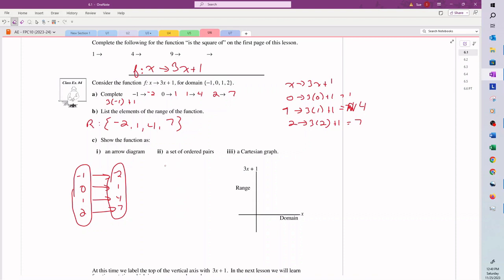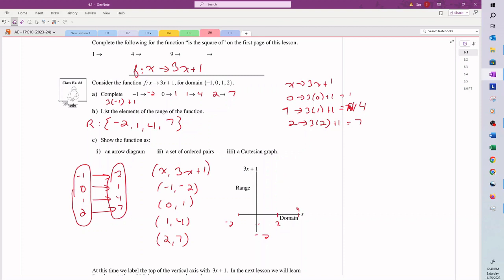If I do it as a set of ordered pairs, my input value is x, my output value is 3x plus 1. So I've got (-1, -2), (0, 1), (1, 4), and (2, 7). And if I were to graph it, I have to put some values on here. So I make this 4, this 2, that's -2.